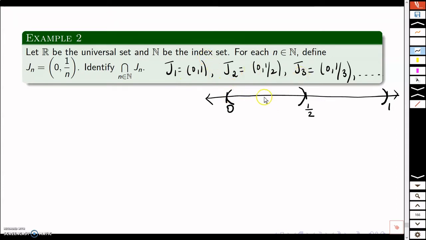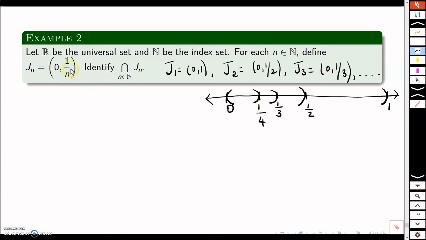Then you can mark J_3 in a similar way. So let's say the point 1/3 is here, and (0, 1/3) is set J_3. Then again 1/4 will be somewhere here, so (0, 1/4) will be J_4. As the value of n is increasing, the intervals are shrinking towards 0. Right? Can you see this?